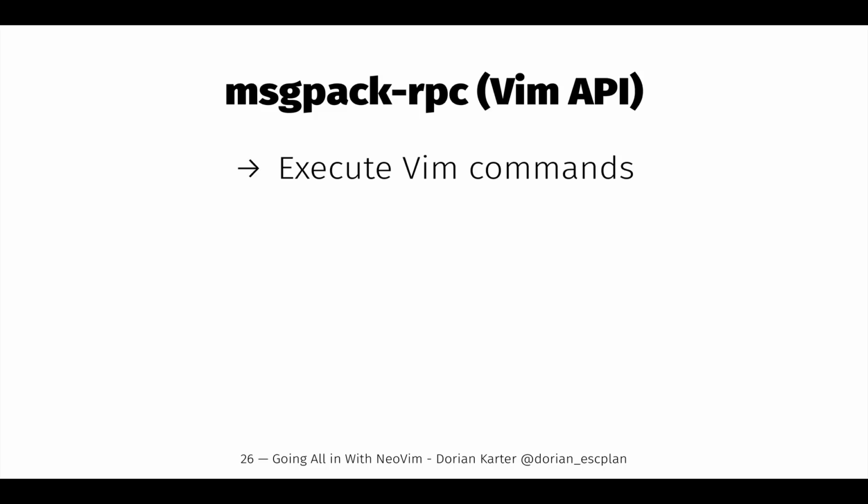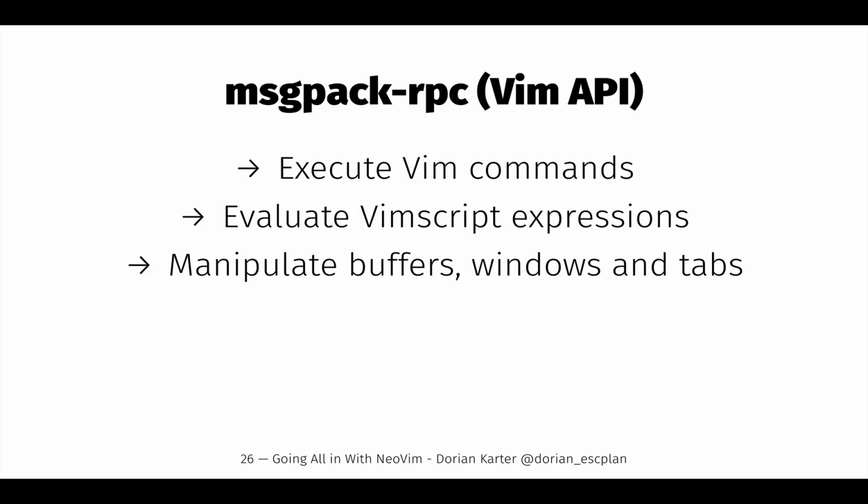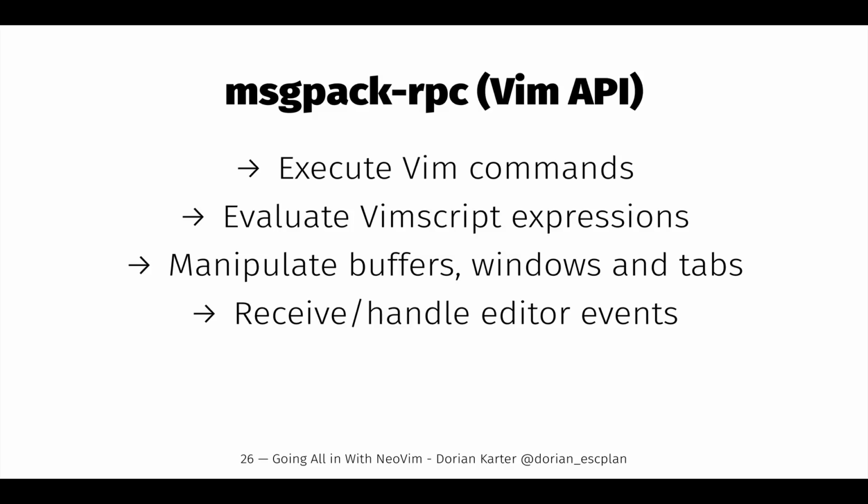So the NeoVim API, the MessagePack RPC, can execute Vim commands, evaluate Vim script expressions, manipulate buffers, windows, and tabs, and receive and handle editor events. That gives it enough flexibility to allow you to create whatever GUI you want, as well as extending Vim. And you can use that MessagePack RPC from plugins as well. The other thing that it allows is creating plugins using any language that you want.